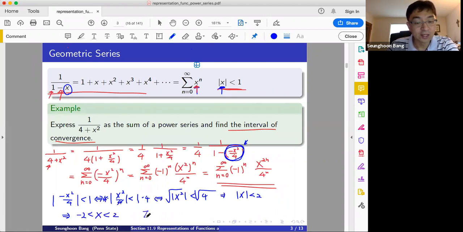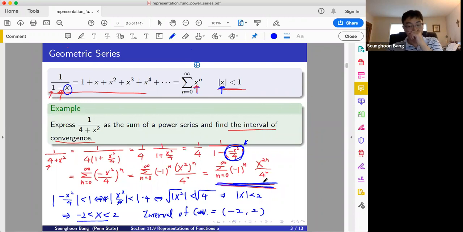So what is the interval of convergence? The interval of convergence is the open interval negative 2 to 2. This is the interval of convergence, and this is the sum of the power series. Okay, the next one.